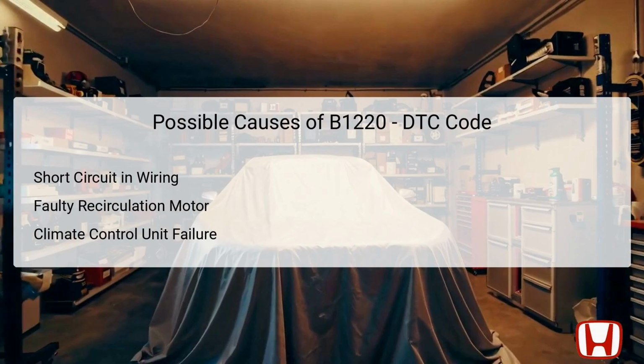Additionally, the climate control unit may also be at fault if it does not properly recognize inputs from the motor, or conversely, fails to send the appropriate commands to the motor. When diagnosing this error, it's crucial to check each of these components thoroughly to identify where the problem lies.